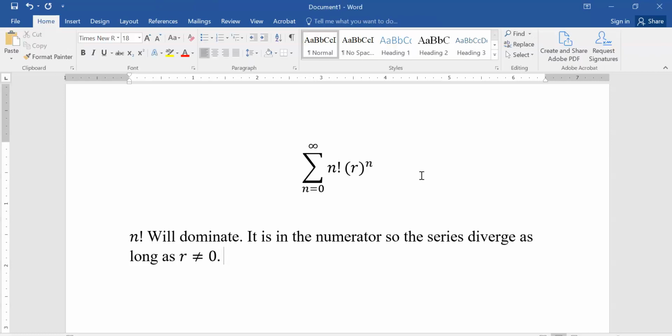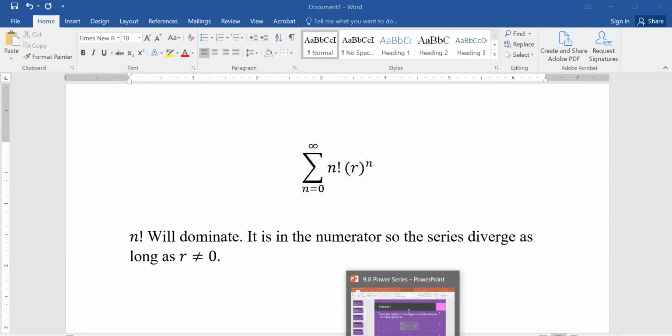All right. So as long as this real number here is not 0, this thing is going to diverge because the n factorial will take over, and the n factorial is obviously in the numerator, and so there you go.